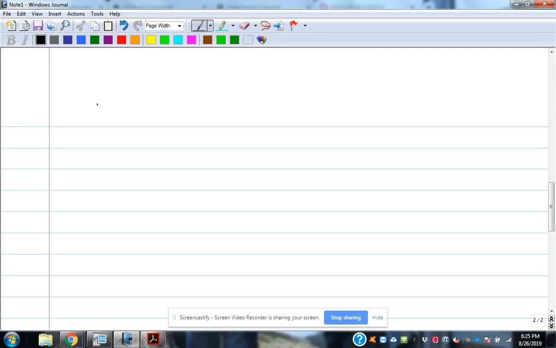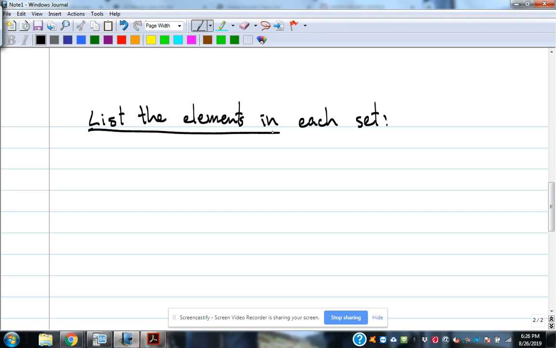So I may have to ask you what letter we're on sometimes, just because I change up from what's written here on my notes. But the idea here is we are going to follow the instructions to list the elements in each set. All right, so that's the instructions.